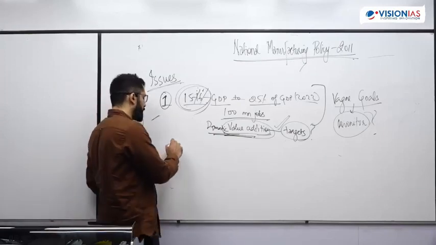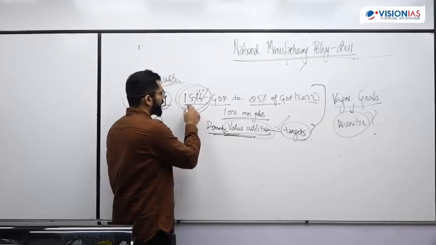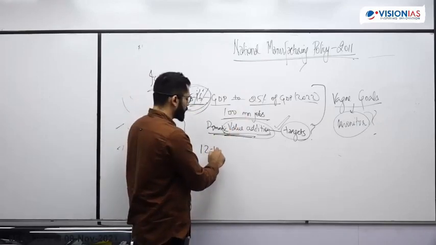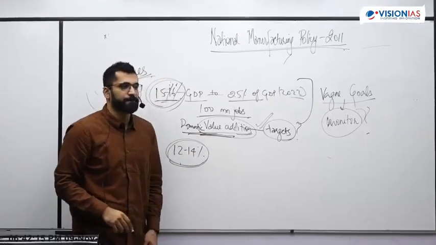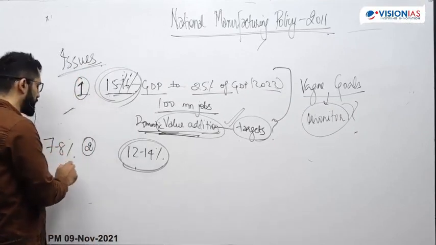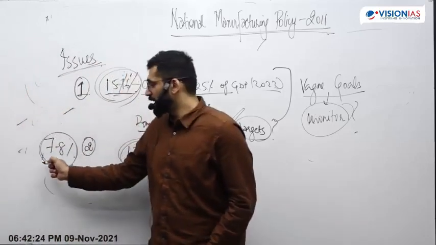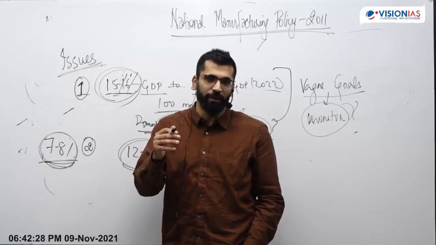The second is, see the big goal itself. You are at 15%, 16% and you need a growth of 12 to 14% to achieve this. Here you were just having 7 to 8% of growth. Even this was not very fixed. I told you 7 to 8% average growth was coming every year, but this was not fixed.